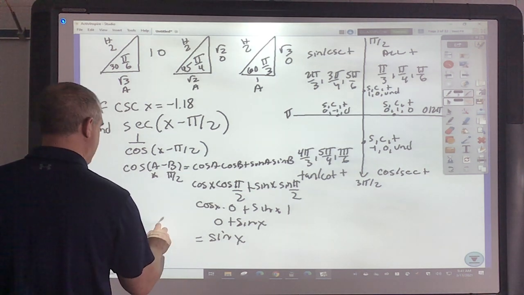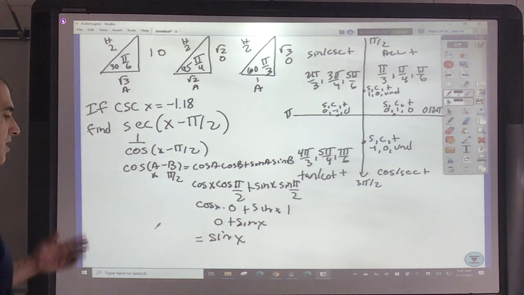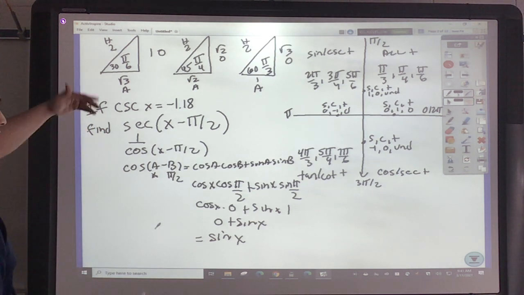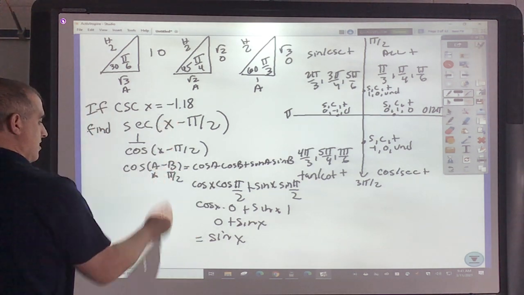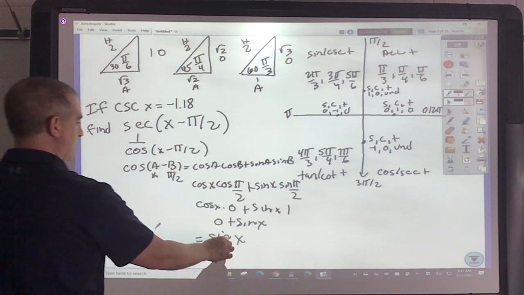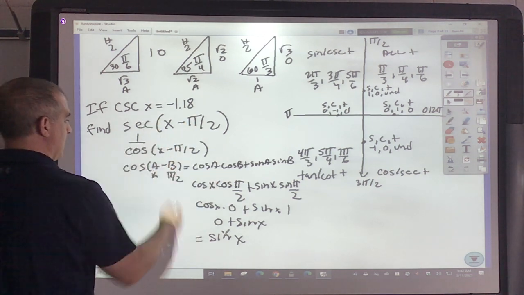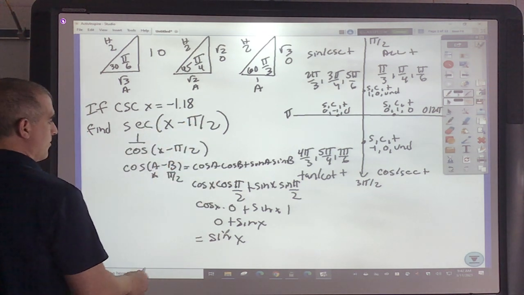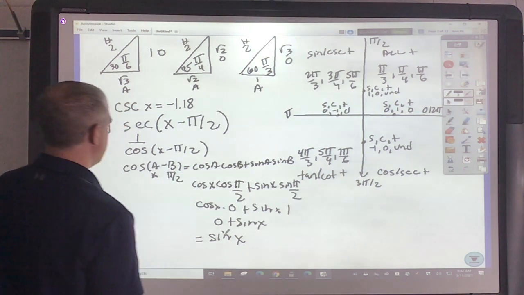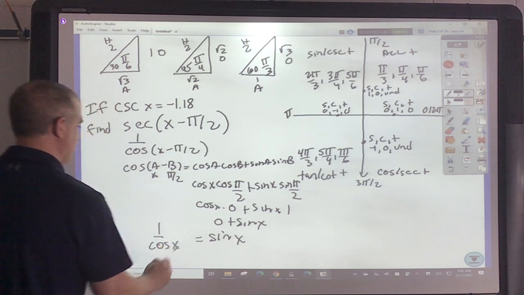So what would that mean for us? Pretty simply, we're just going to put this over 1. Very simple from that standpoint. So basically that is the same as sine. So what we would have here is 1 over cosine is the same as sine.